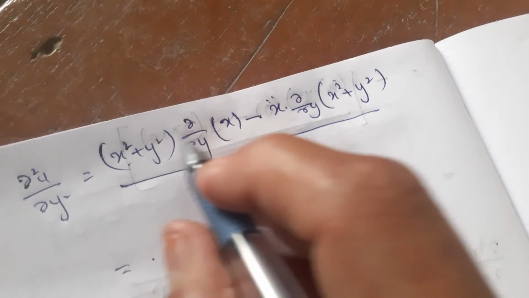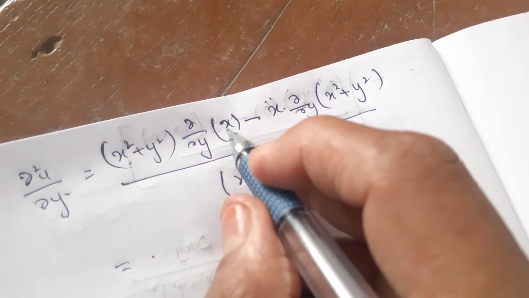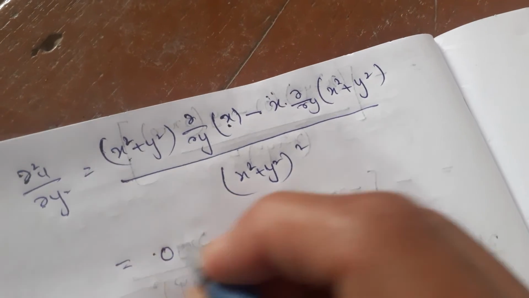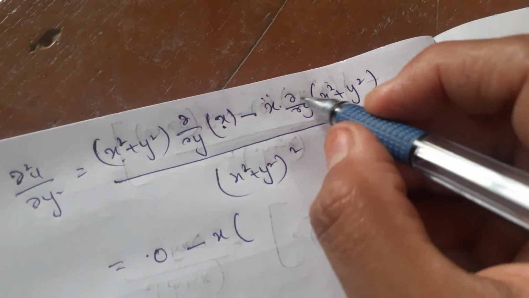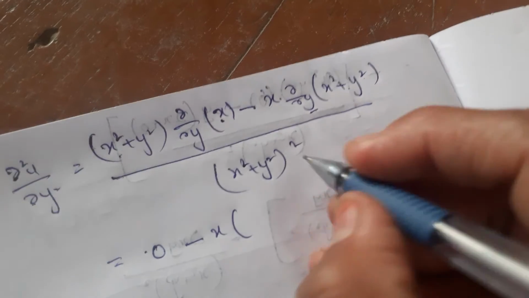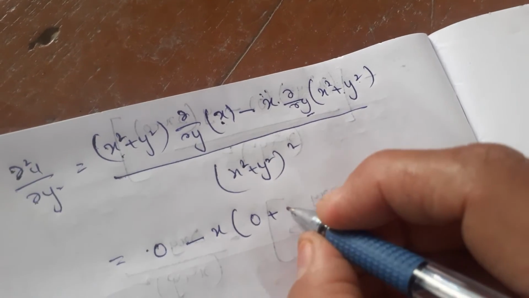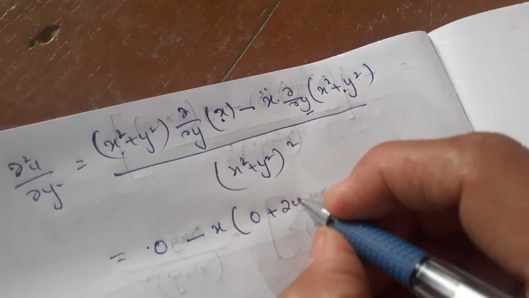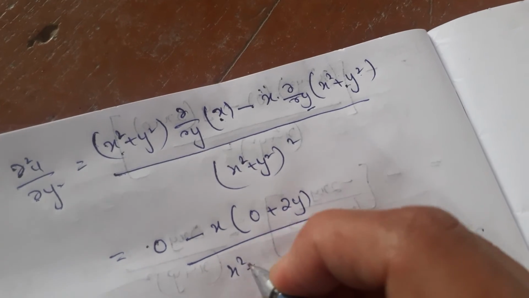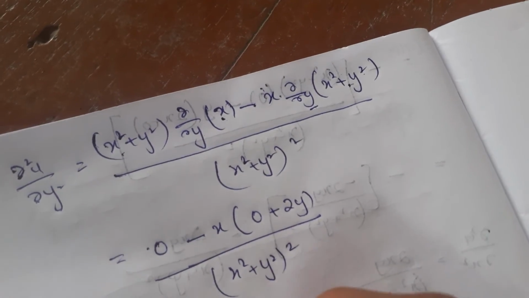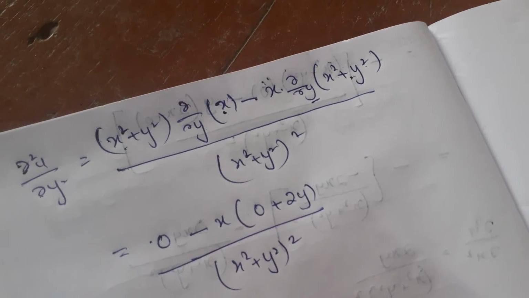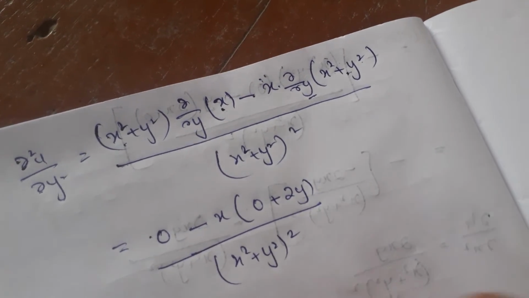X square plus y square, dou by dou y of x gives you 0. So this complete term becomes 0 minus x, differentiation of x square plus y square with respect to y. So this x term 0 plus, but y square gives you 2y, by (x square plus y square) whole square. So this will give you minus 2xy by (x square plus y square) whole square.